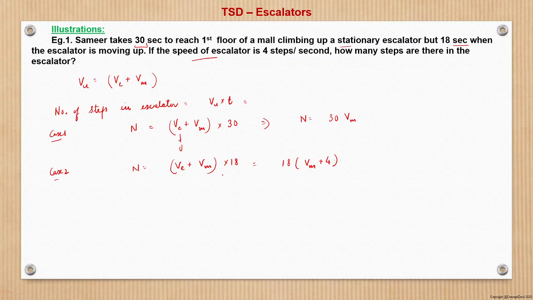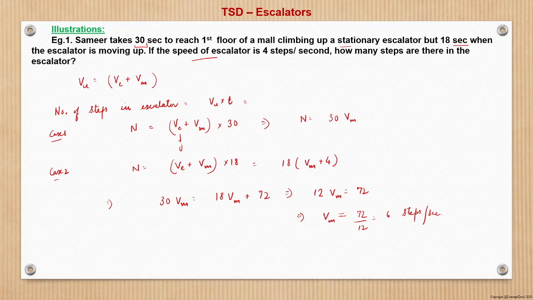And these two should be equal, since both are equal to n. So I can say that 30 Vm is equal to 18 Vm plus 72. From here I can say 12 Vm is equal to 72. So the velocity of Samir is nothing but 72 by 12, which is 6 steps per second, right? 6 steps per second.